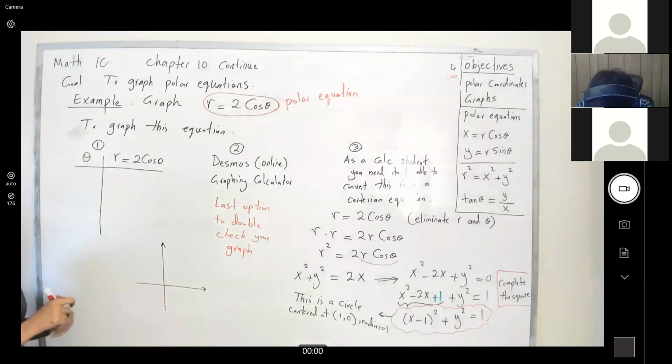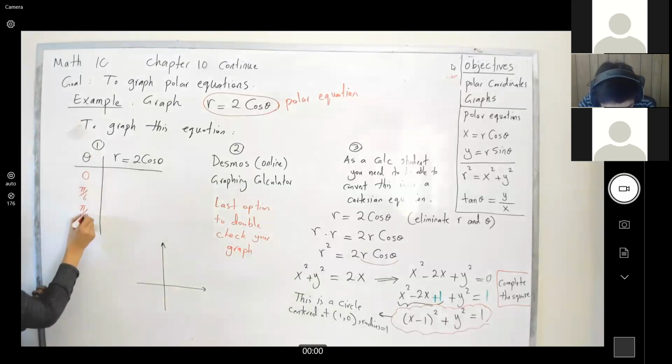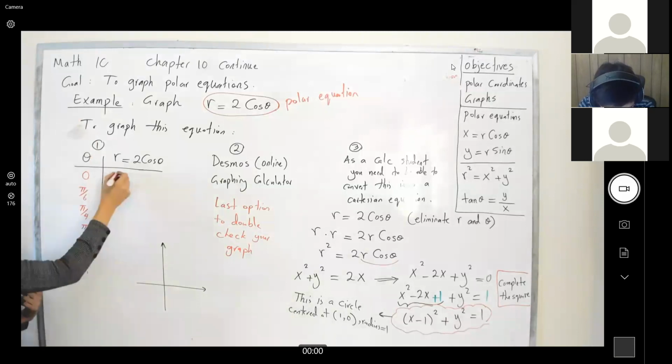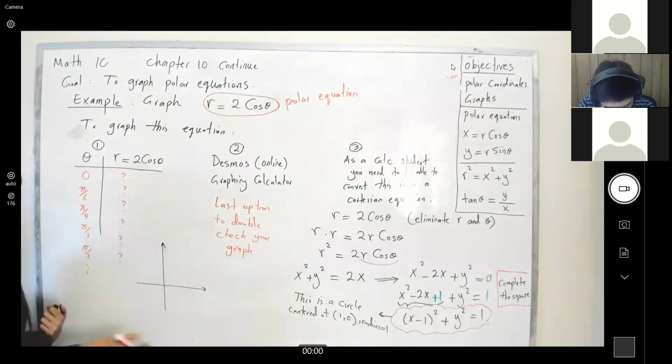If you have time, plug in different values for your theta, evaluate your r. Theta can be 0, theta can be pi over, for example, 6, pi over 4, pi over 3, pi over 2, and so on, and find your r values and plot those points.